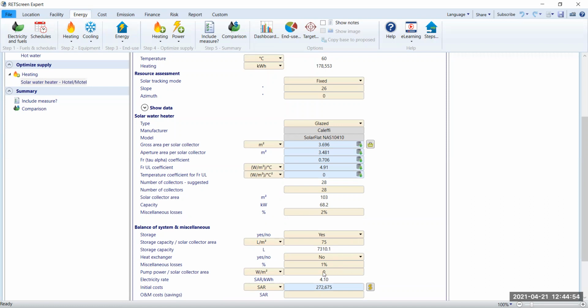The pumping power, how much is the watt per... they do not have a specific value for it here, so it depends, for example, on the power of the pump. If I say, for example, that will be too much, like 250.